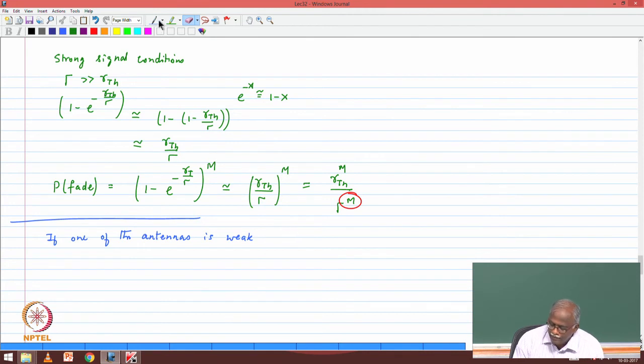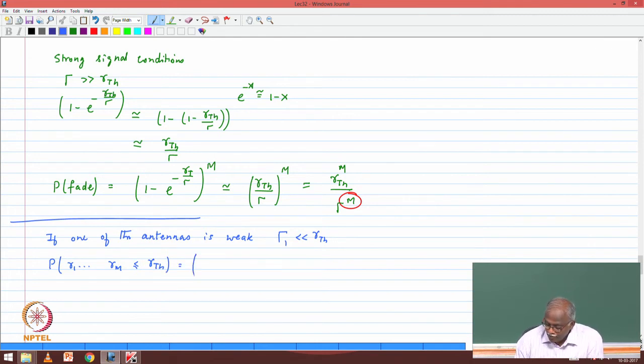So we will make the following extreme condition, that gamma 1, the average SNR of antenna 1, is actually less than gamma threshold, just to make the extreme case. All of the others are much above the threshold. Okay. So, now we are interested in the probability that gamma 1 through gamma m is less than or equal to gamma threshold. That is the probability of a fade.